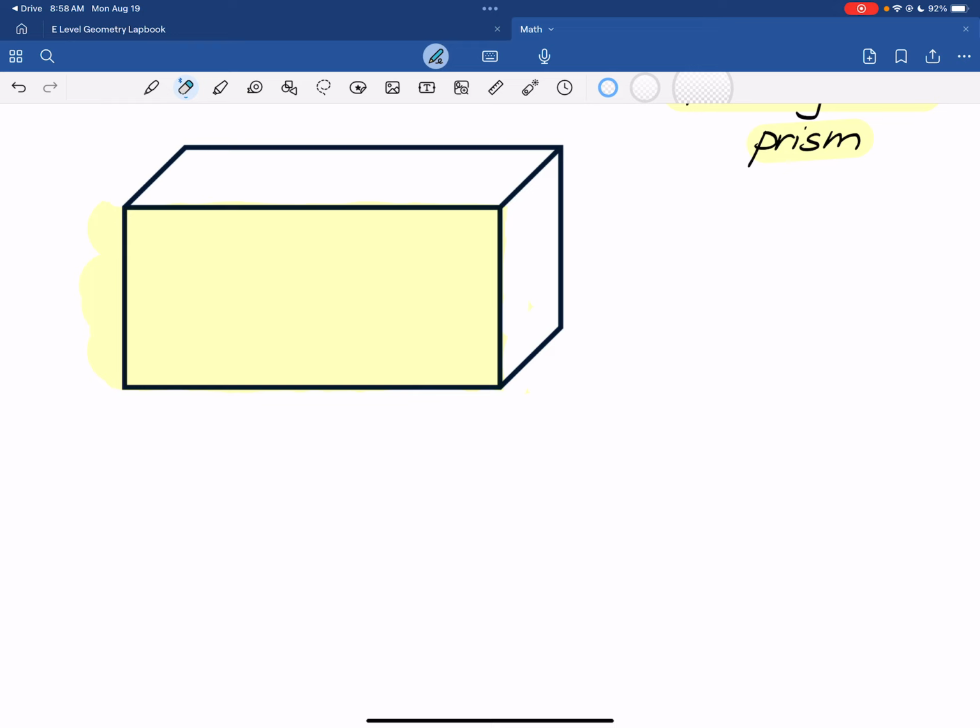It has right angles. It's not leaning. So it's either a square or a rectangle, and it's not a square. So its face is rectangular. Here's length and height.